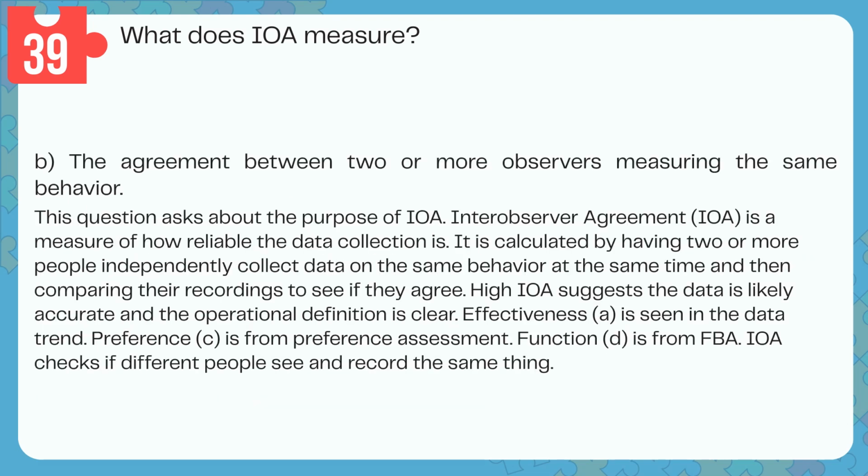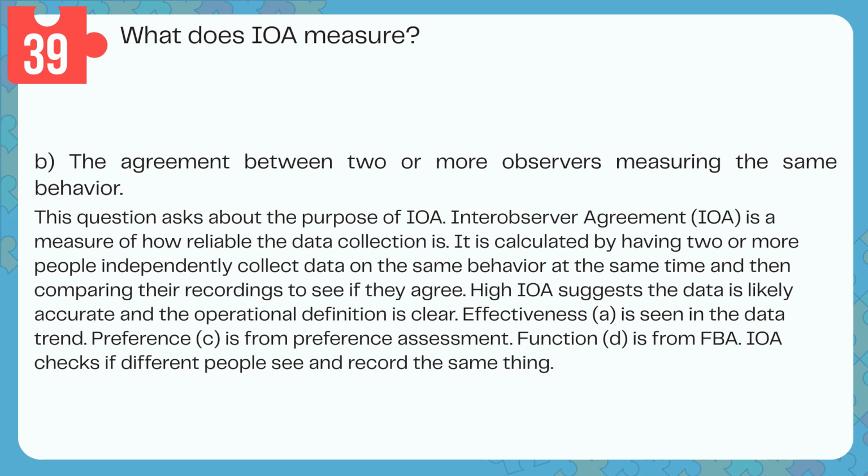Answer: B, the agreement between two or more observers measuring the same behavior. This question asks about the purpose of IOA, inter-observer agreement. IOA is a measure of how reliable the data collection is. It is calculated by having two or more people independently collect data on the same behavior at the same time, and then comparing their recordings to see if they agree.